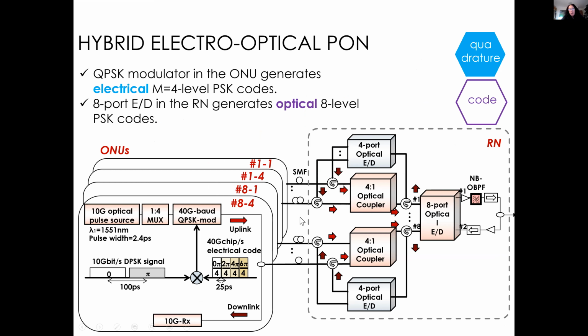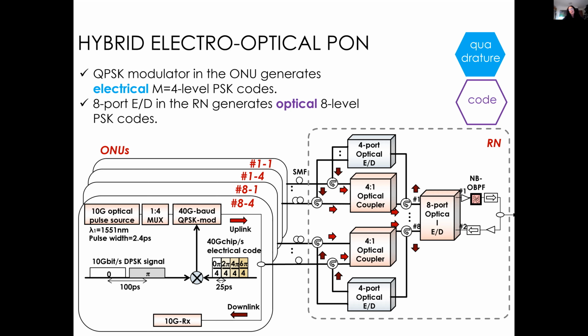Okay, so mixing again code and amplitude, we can basically generate codes not only in the optical domain using the multi-port encoder-decoder, but also in the electrical domain using a modulator. And this is why we use a hybrid electro-optical PON, because in general in a PON, when you assign a code to the user, the code is fixed, especially if it's an optical code.